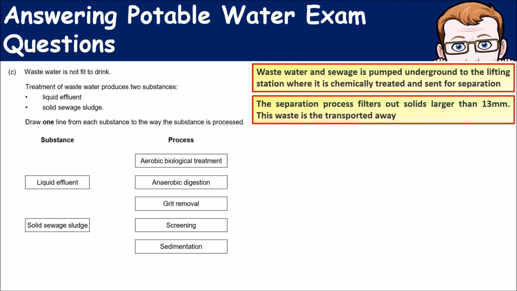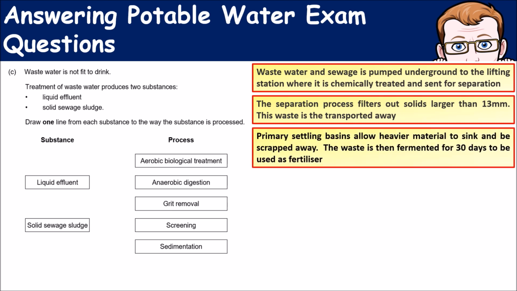Then a separation process filters out larger solids. Then it goes into primary settling basins, which allow heavier materials to sink to the bottom, where they're scraped away. This is then left for around 30 days, give or take.